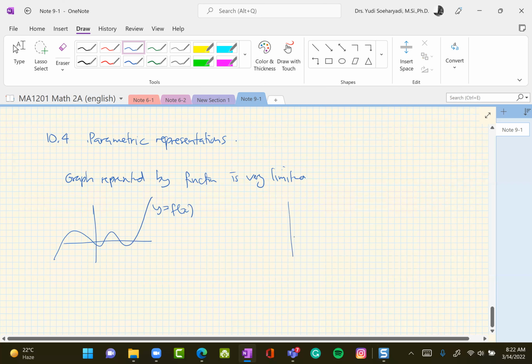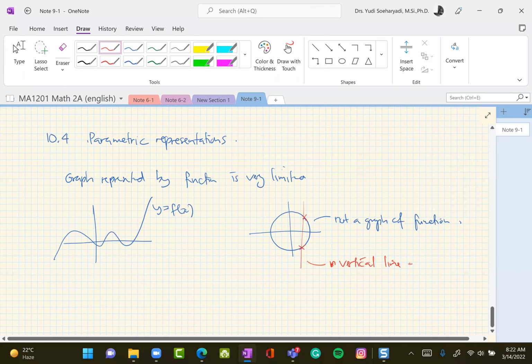But even some simple curves cannot be represented as functions. There, this is not a function, because you have the vertical line test.